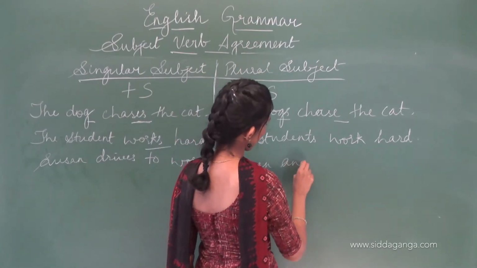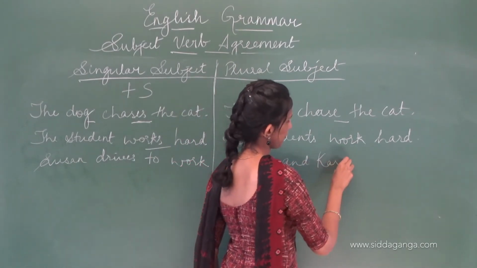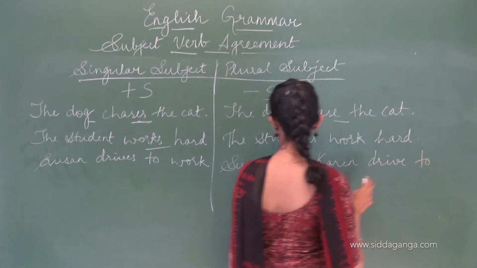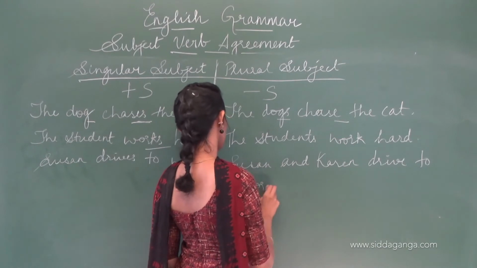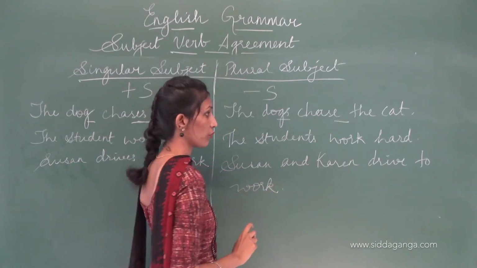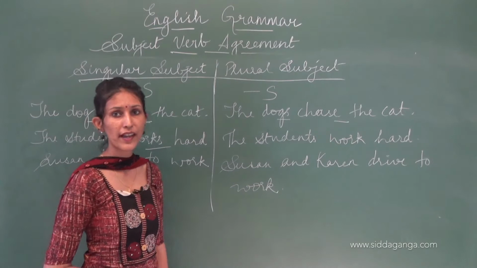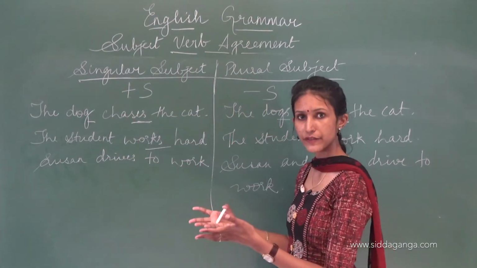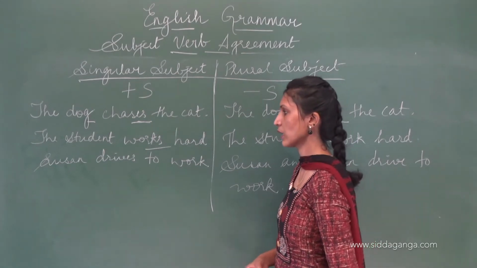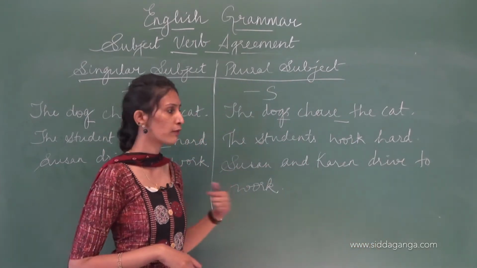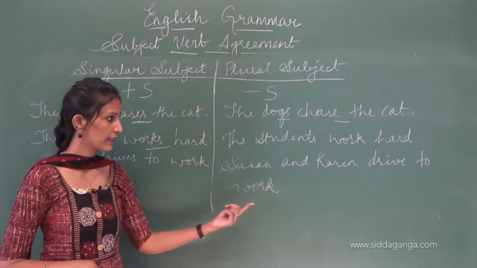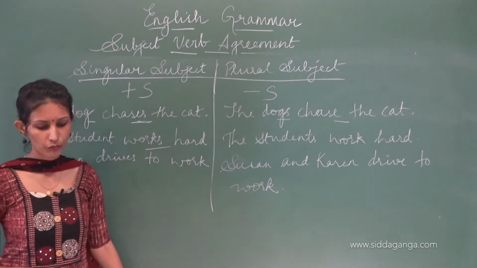Susan and Karen drive to work. Susan there was alone, she was a singular subject, so she drives to work. Here it's a plural subject of whom two people being involved, plurality that is there, drive to work.